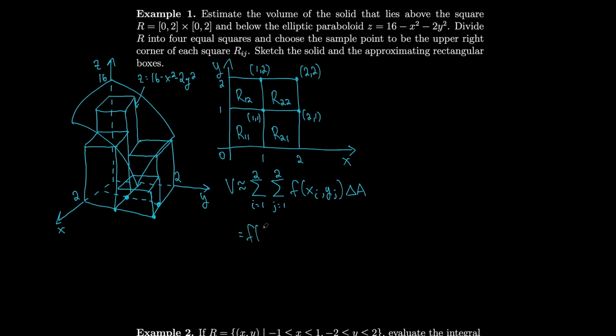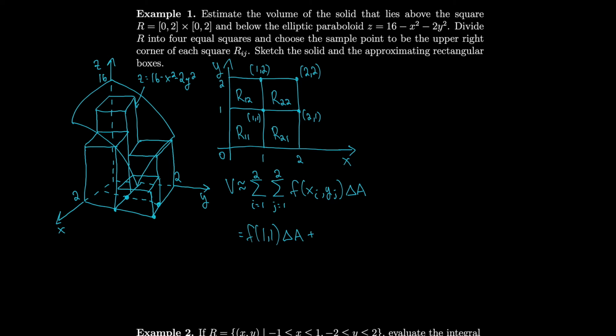So f of 1, 1 is my first (x_i, y_j), because my first sample point is 1, 1. And I multiply that by the area delta A. So that'll give me this rectangular box at 1, 1, because I'll just take the area and then I multiply by the height, which is this f value, this z value.